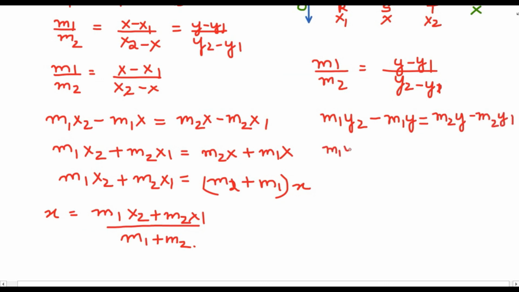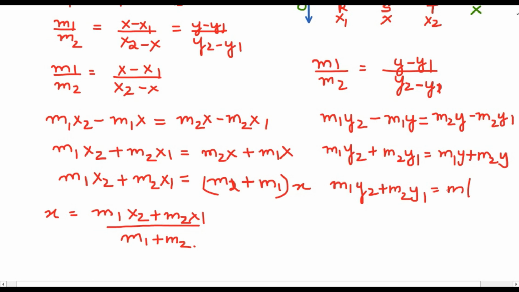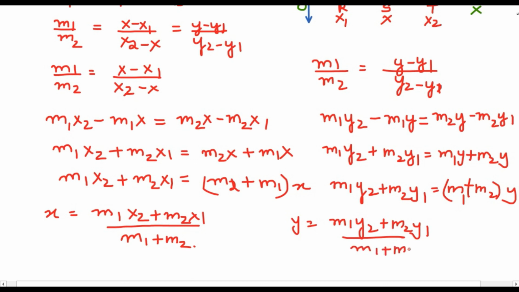Same way, m1 y2 plus m2 y1 equals m1 y plus m2 y. From this, y is common, so you can take y outside, which gives m1 plus m2 into y. So y is equal to m1 y2 plus m2 y1 divided by m1 plus m2.